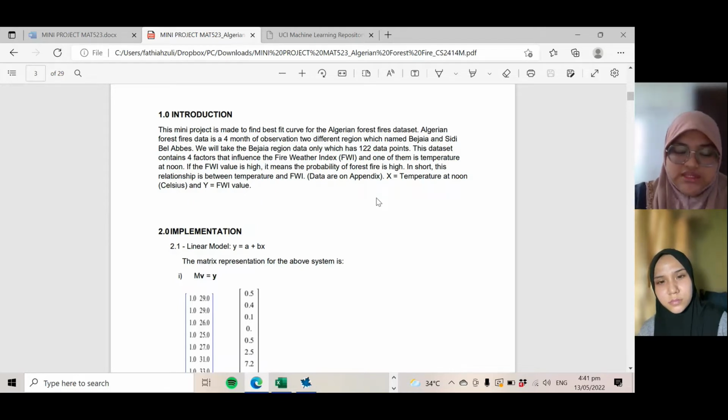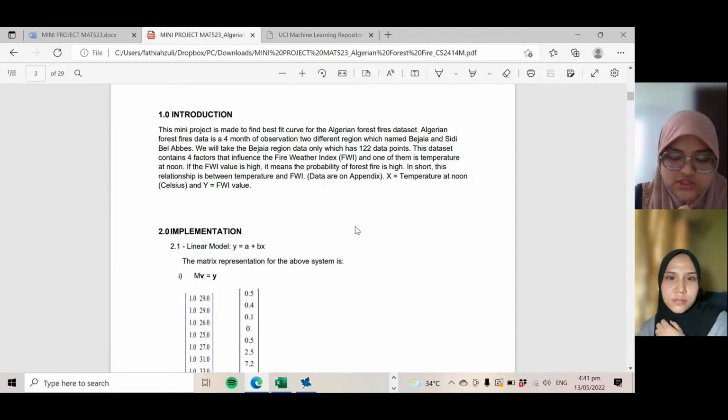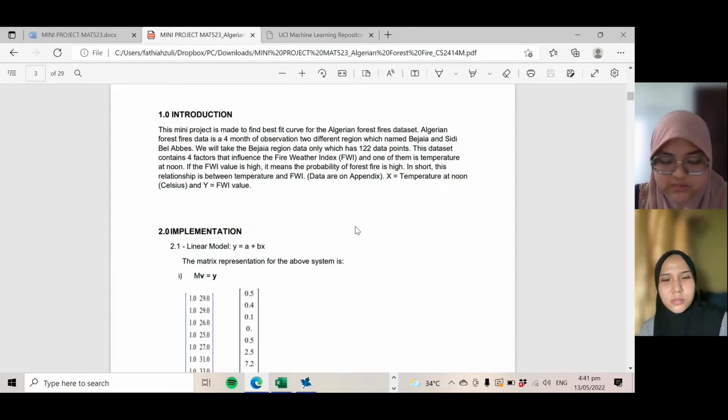So this data has 11 variables, which are relative humidity, wind speed, rain, fine fuel moisture code, duff moisture code, drought code, initial spread index, buildup index, and fire weather index, and temperature at noon.